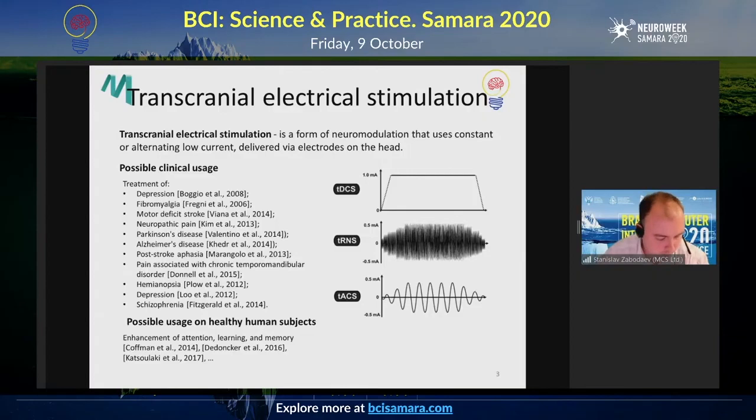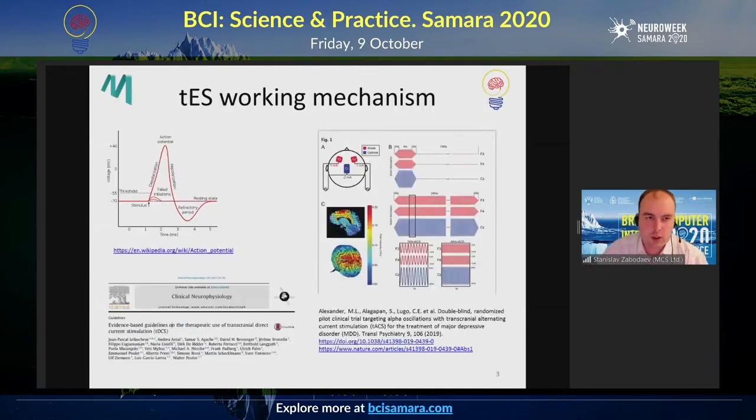Then you stimulate the surface with electric current of impulse form, and there are reports about the mitigation of pain.